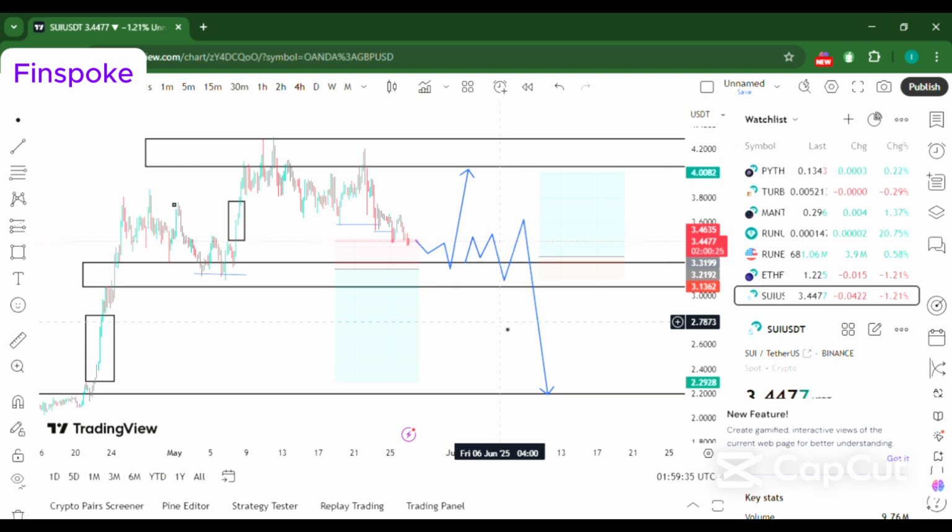The London and the New York sessions are when we have movements in the market. This kind of setup might not really play out well in the Asian session. That's why I am making this recommendation: it is better you look for it in a London and a New York session. That's where you get the most of it.